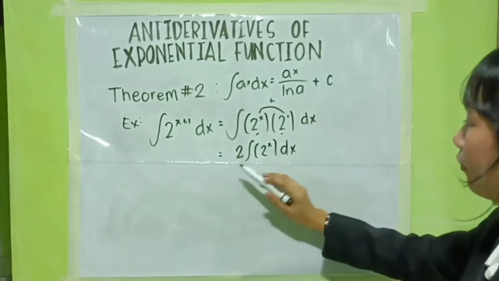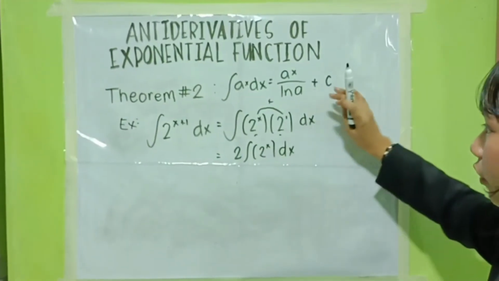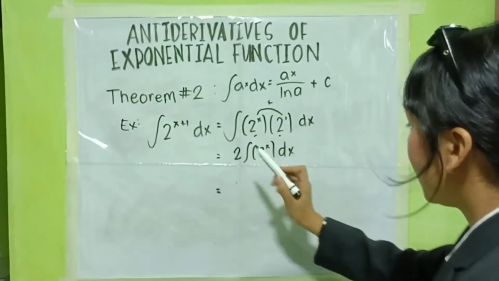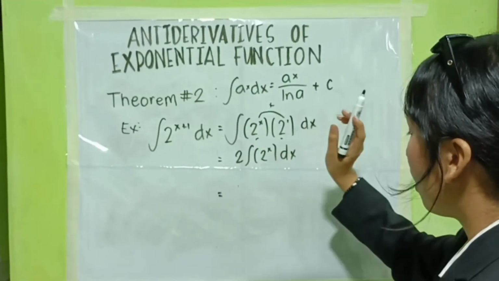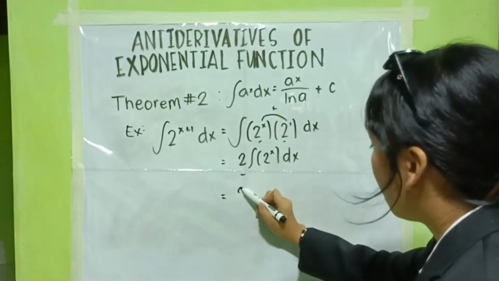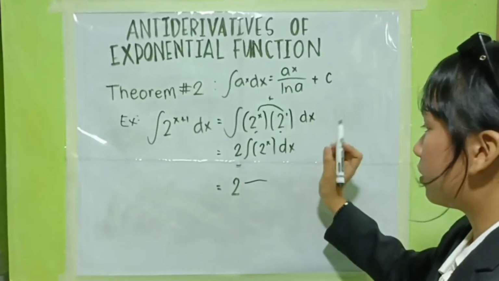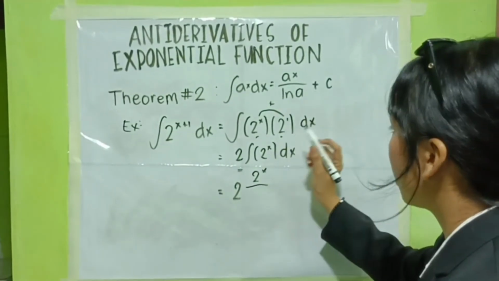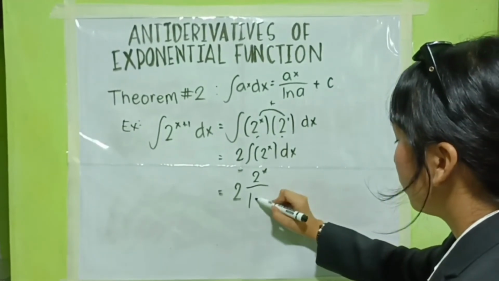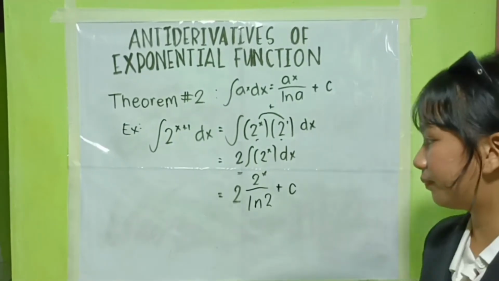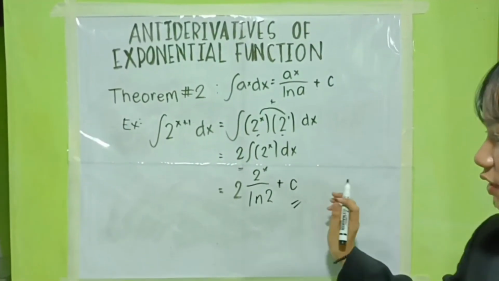After that, we apply the formula. We bring down the constant, then the value of a, which is 2 raised to x over natural log of 2, plus c. So this is our final answer.